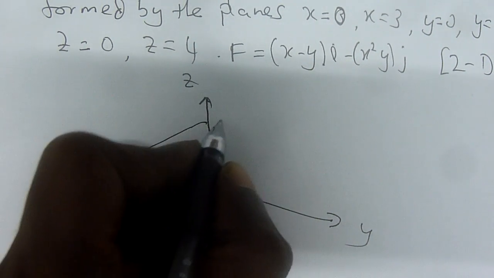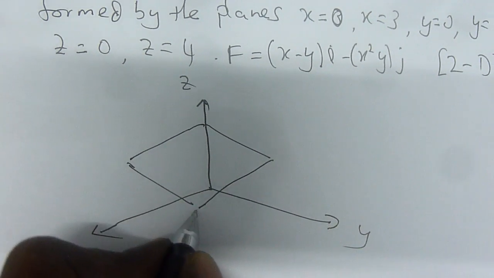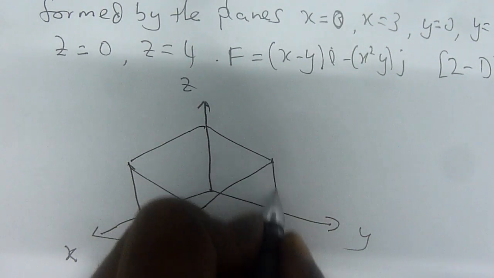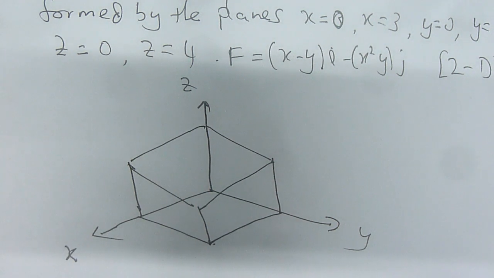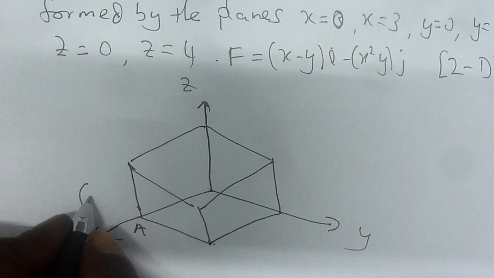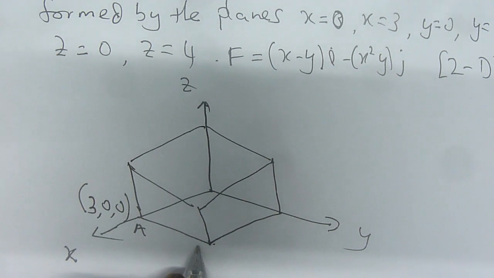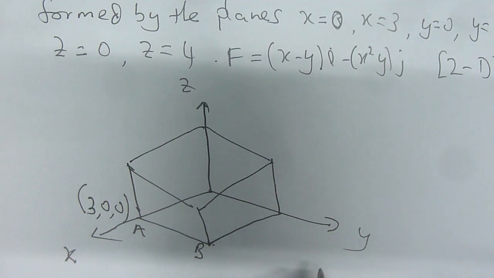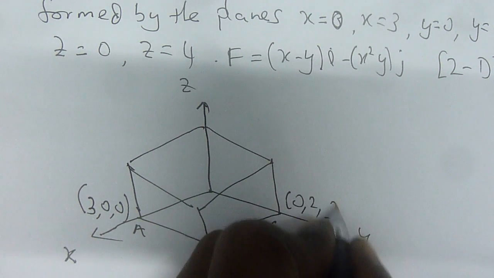Now let me call this A, and the coordinate for x is here, 0 0. What about the coordinate over here, it is B. You can identify the coordinates by yourself, and C is 0 2 0.